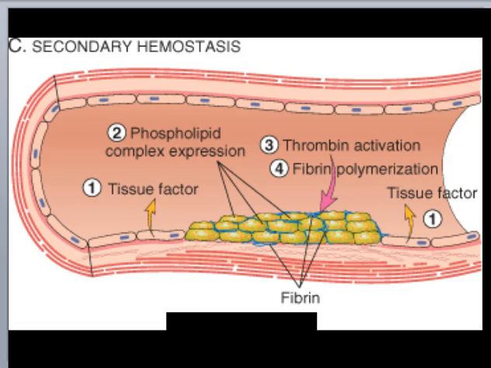Tissue factor is important because it binds and activates factor VII, and this is a key step because it sets in motion a cascade of reactions that culminates in thrombin generation. Why is thrombin important? Because that's the enzyme that cleaves circulating fibrinogen into the insoluble fibrin and creates a fibrin meshwork at the site of injury.